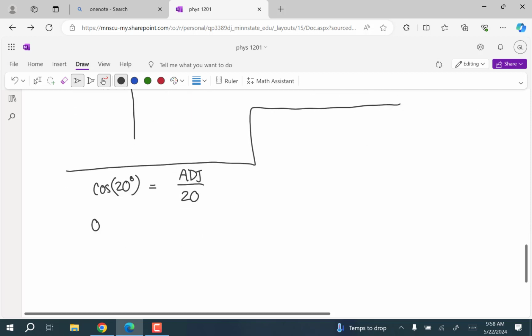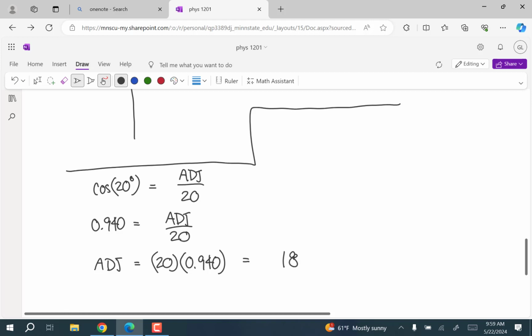And so 0.940 is equal to the adjacent over 20. So the length of that adjacent side is equal to 20 times 0.940. And that is 18.80.